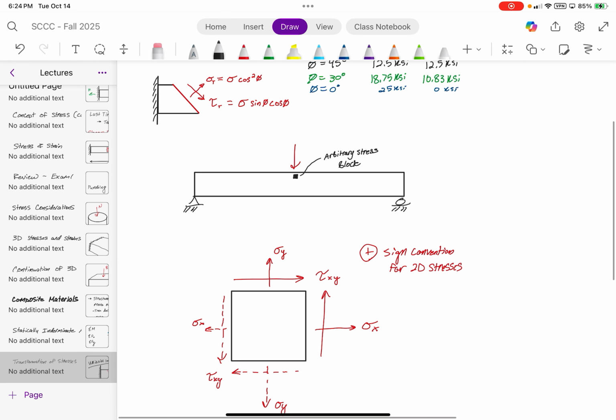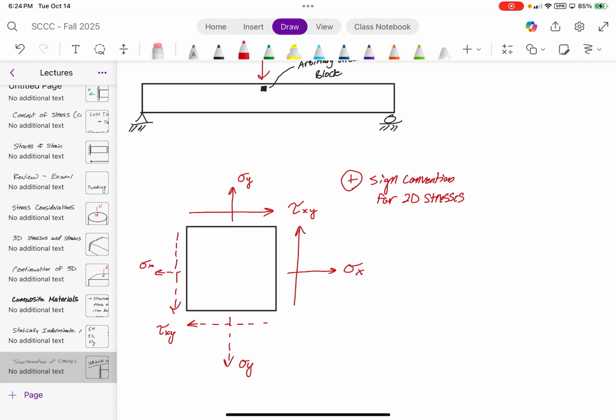So it's really small, so don't mind its size. It's just supposed to be some point within our beam that's supposed to be infinitely small. And for our beam, we should generally know what the normal and shear stresses are within that beam.